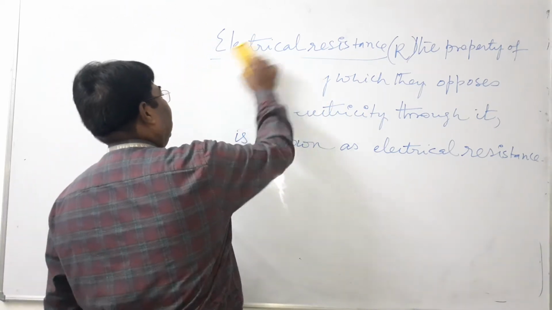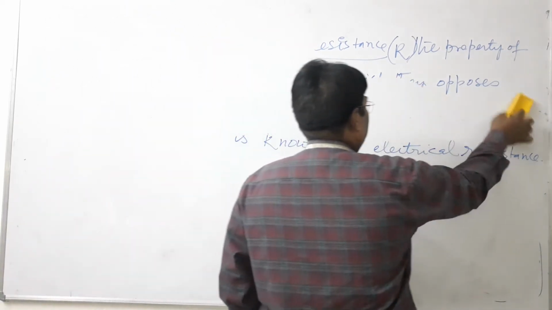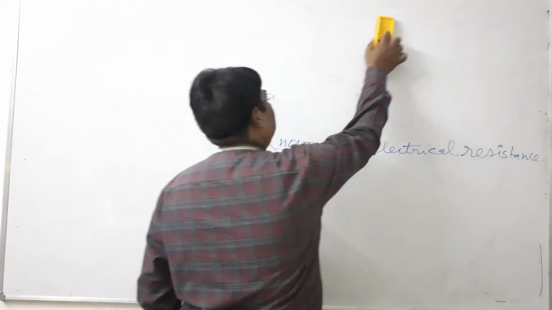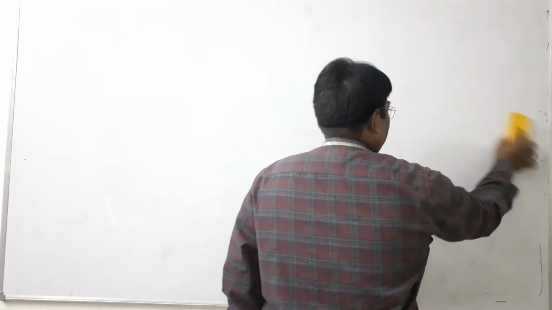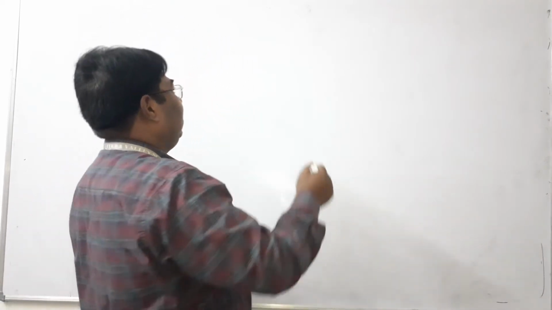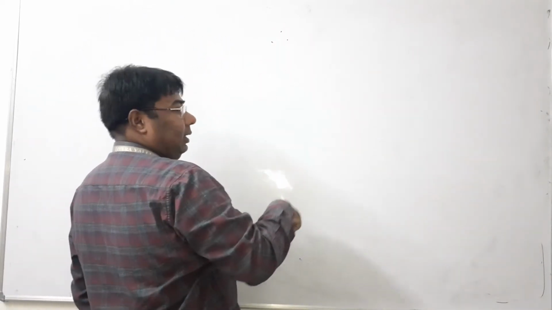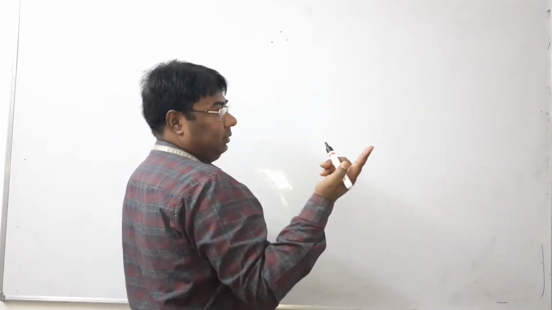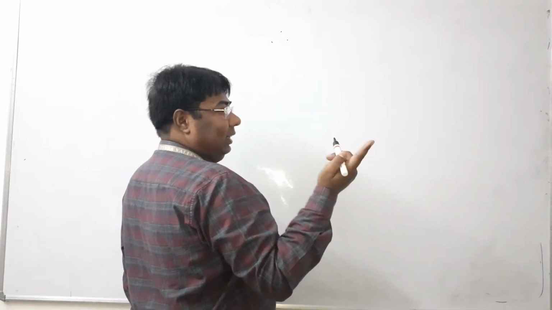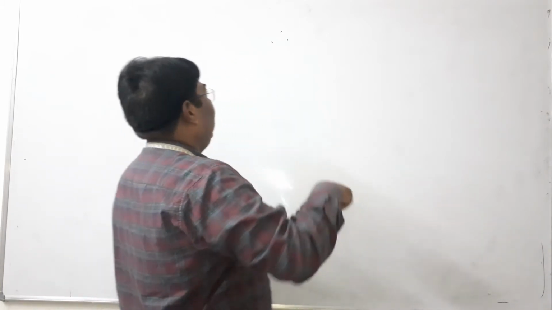Electrical resistance is a material property because it depends upon the nature of the material. Also, the resistance of a conductor depends upon two factors. Number one, length. Number two, cross-section area.